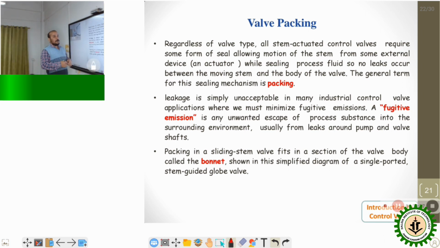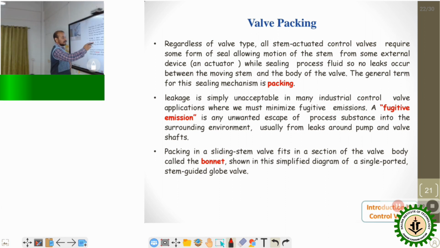Now we talk about three very important points: valve packing, valve sizing, and valve capacity. Valve packing is the restriction to leakage or any type of atmospheric interference into the control valves.